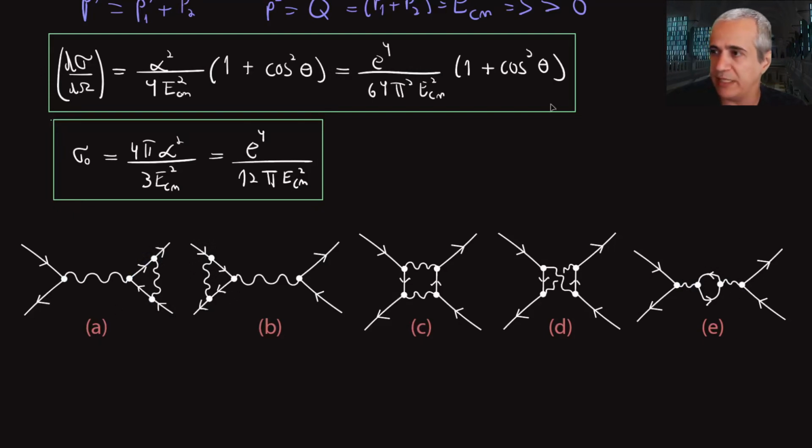So it would be easy to fool yourself and believe that now you would have something that goes like e to the fourth. So when I take the square of the S matrix elements, right, I would get e to the 8th. So the next order correction to these will be alpha to the 4th, right?